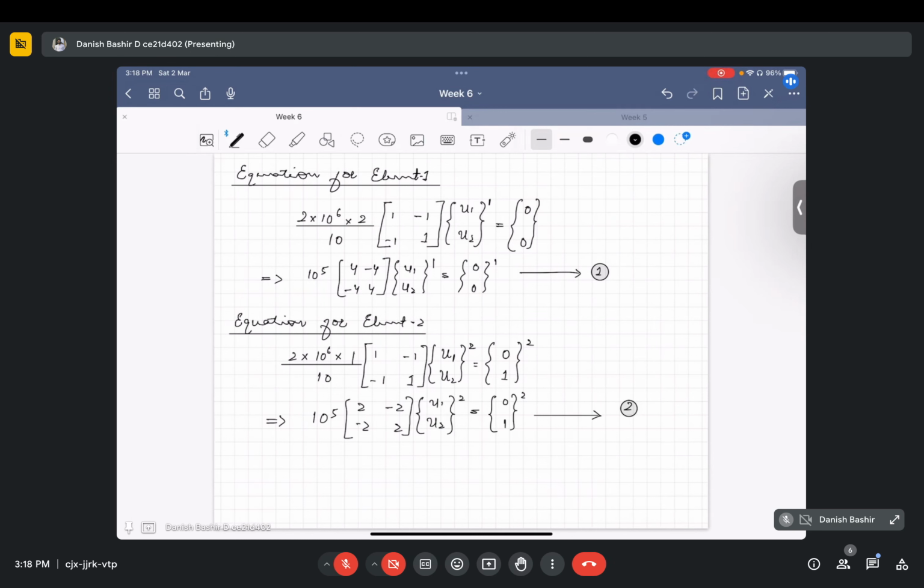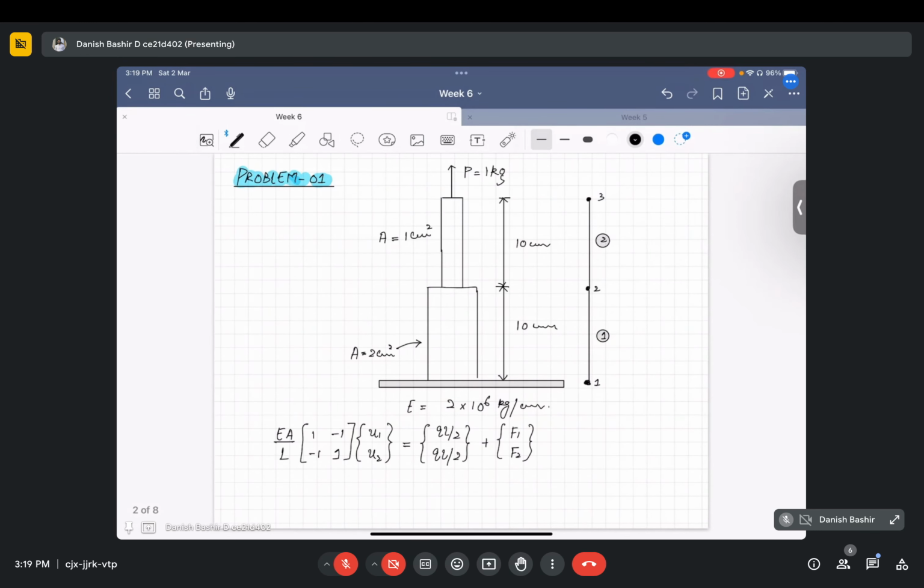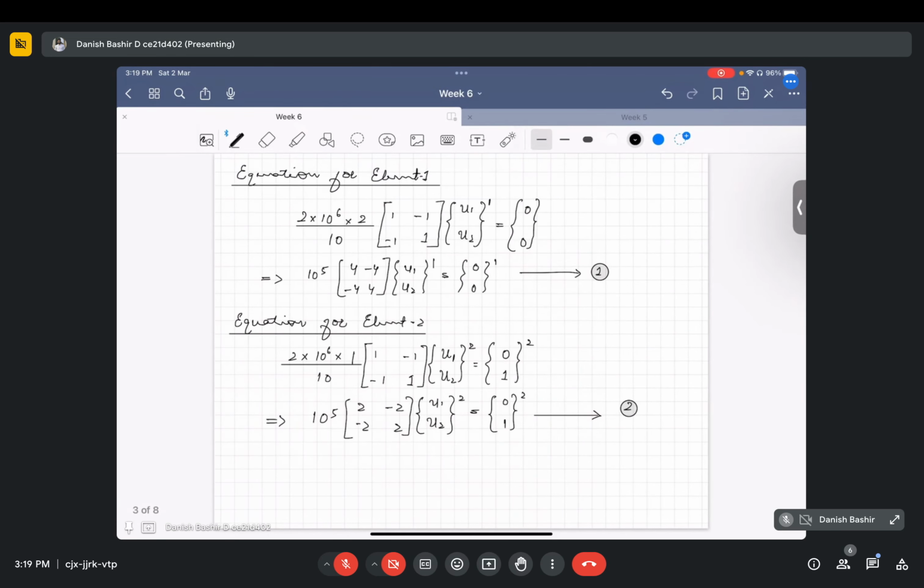Now we have to assemble these equations. This is element 1's matrix, and this is element 2's matrix. So global assembly will be as follows; here is a trick for assembling these elements.